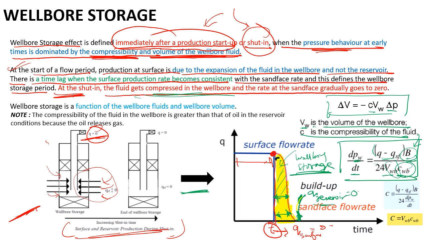Now if I rearrange it, my capital C, the wellbore storage constant, would be this.